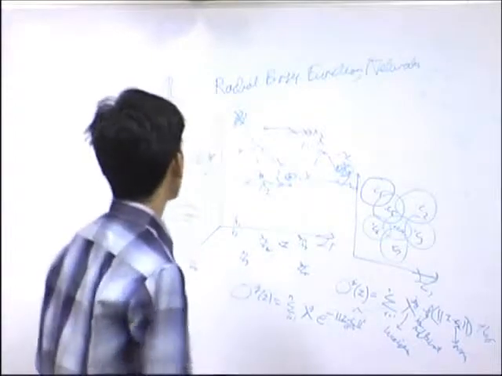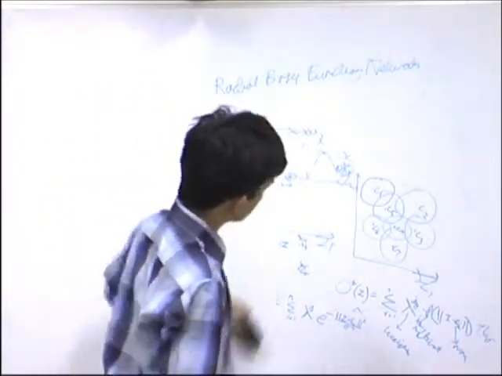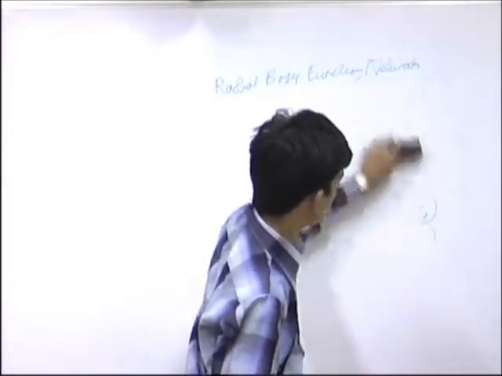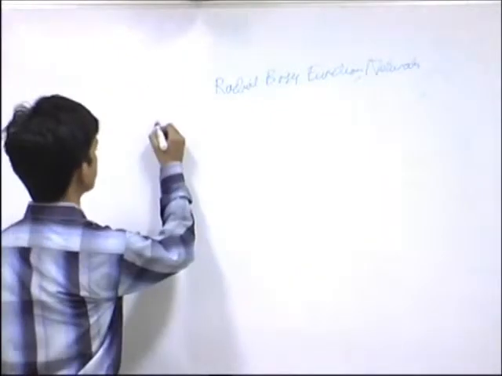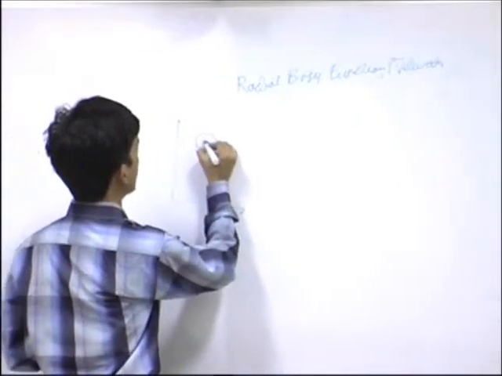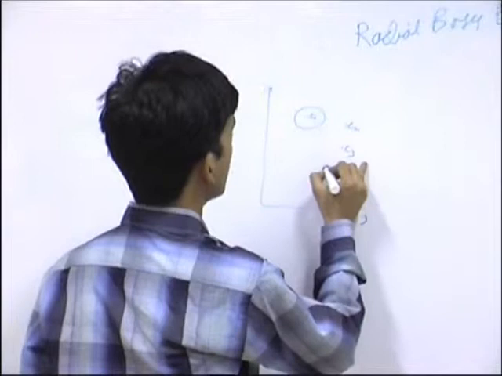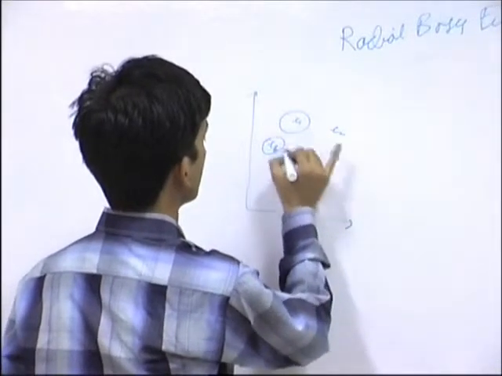So I basically draw three curves over here. Let me say one was this curve over here. There was C1, C2, C3, C4, C5, C6.